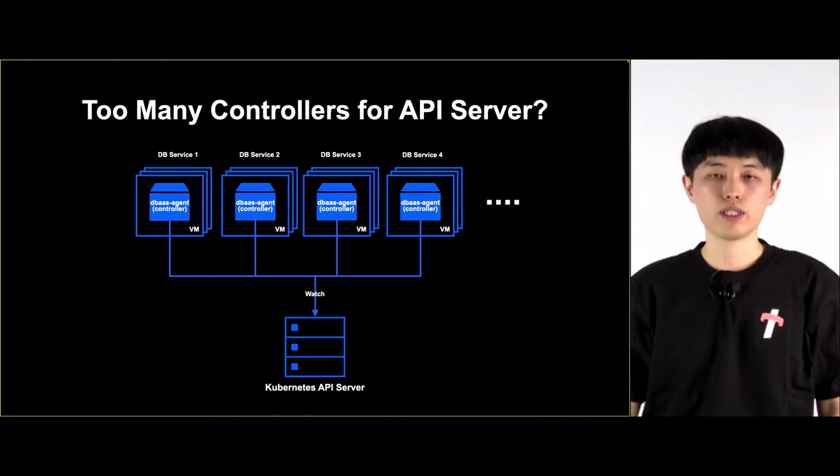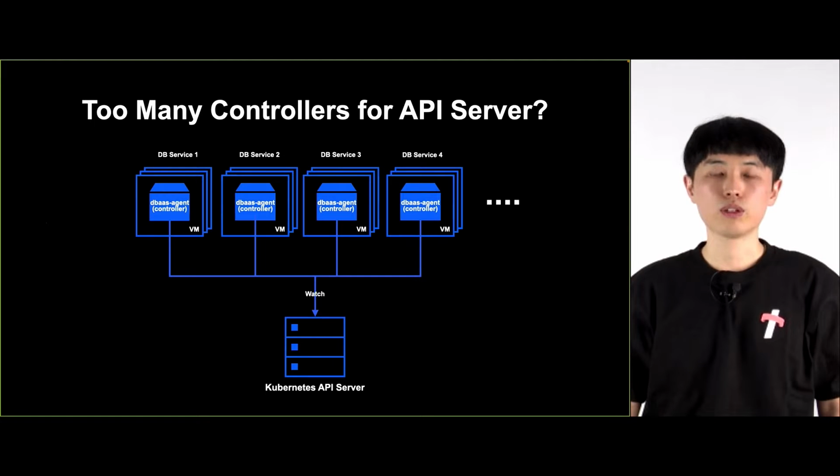This is a drawing that shows the controller and the API server relationship. One DB service is made up of various VMs. And in a VM, there is one controller. So there are the same number of controllers as the VMs, and each controller will send orders to the Kubernetes API server, and it can create a lot of pressure on the API server.